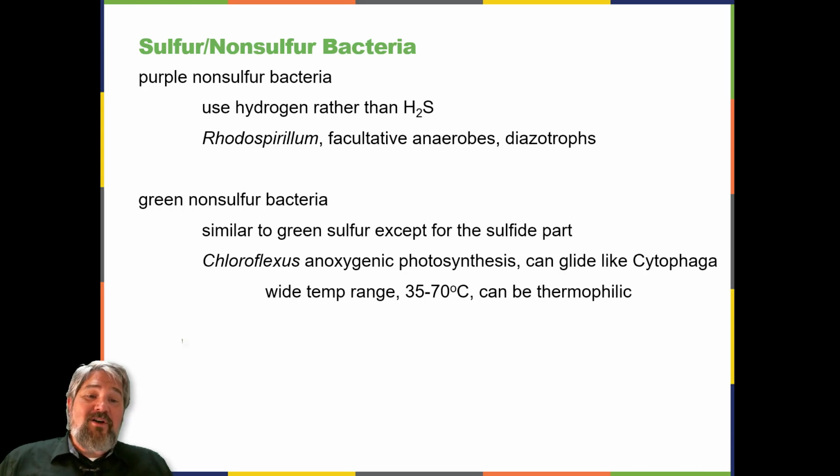So it can survive in the dark if oxygen is available. Chloroflexus does not have flagella but can glide, like cyanobacteria. It grows at a wide range of temperatures from 35 degrees Celsius to 70 degrees Celsius, thus can be thermophilic.